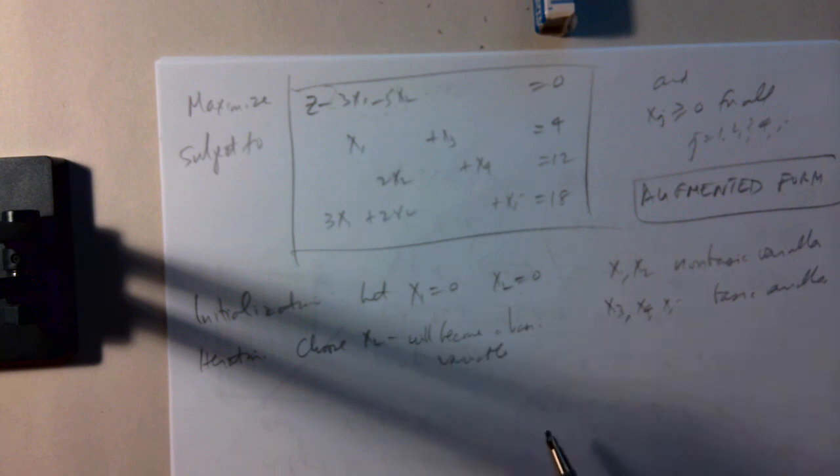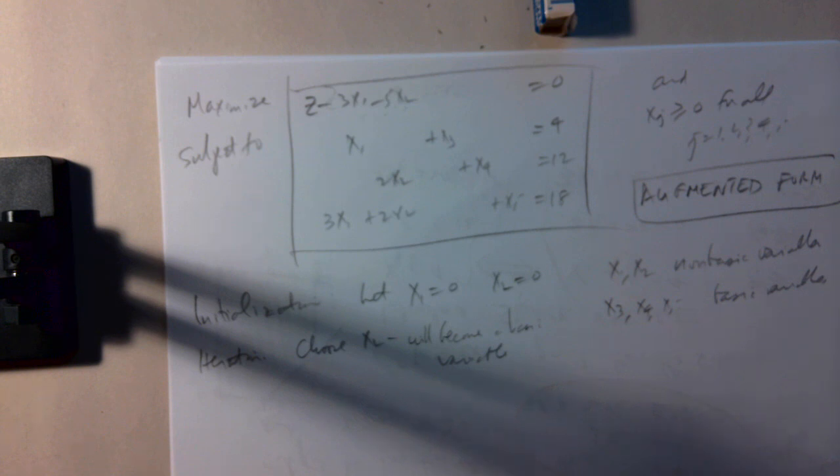And we'll choose another variable to become non-basic. When you choose x2, you want to make x2 as large as possible, but as large as possible still within our constraints.